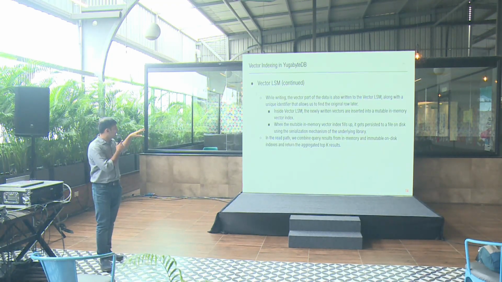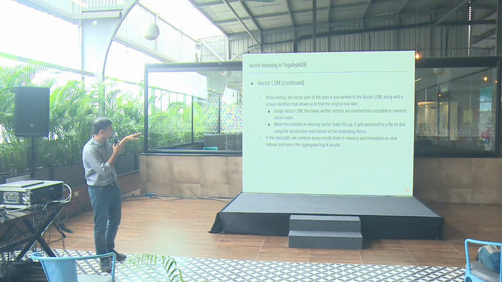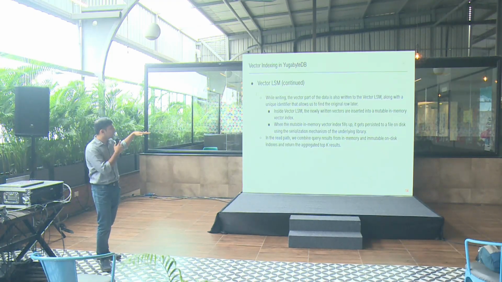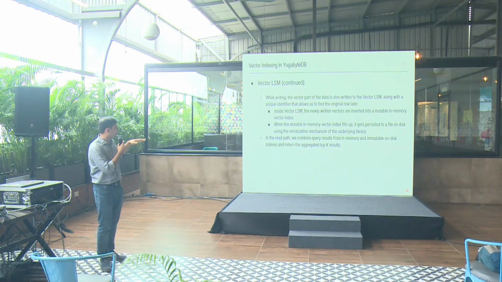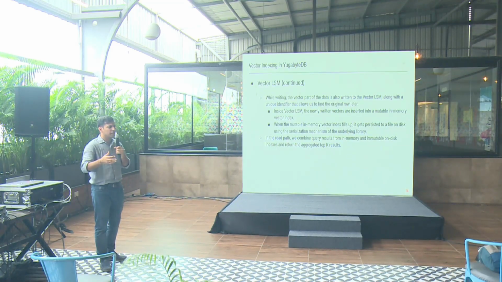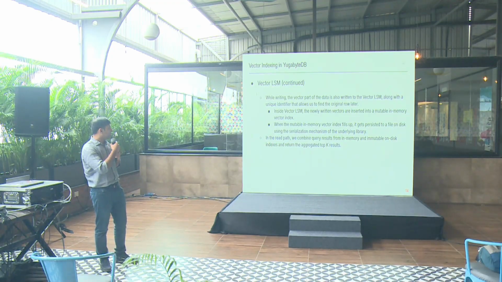Inside vector LSM it's essentially the same path: the newly added vectors are inserted into a mutable in-memory index, and when that fills up, it is persisted to a file on disk using the APIs of the underlying library that we are using.